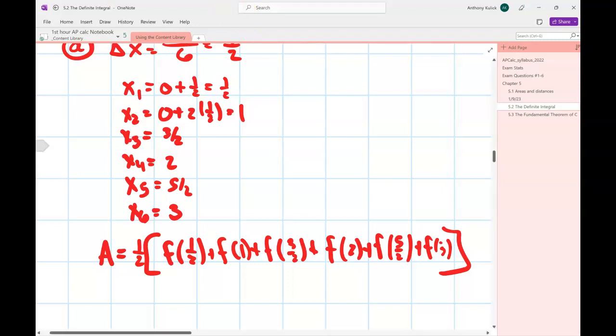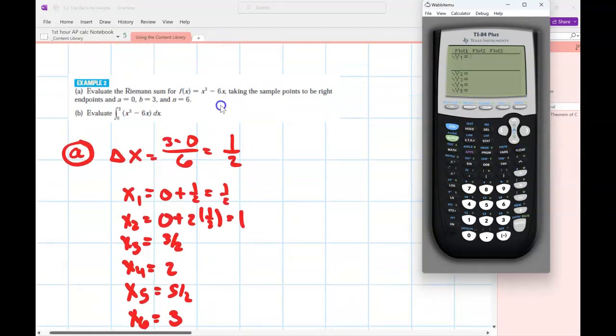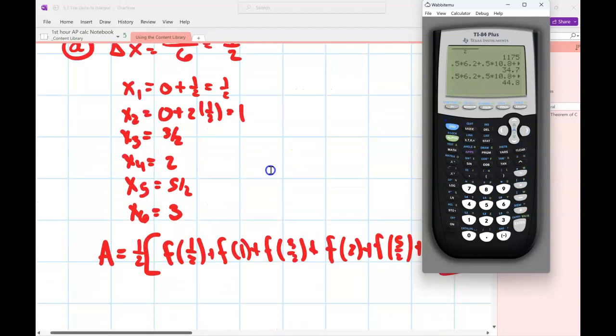And then I would say I would just go calculator time. So the function we were looking at was x cubed minus 6. So I'm going to be using the y equals on my calculator to make the evaluation of this go a little bit easier. So 1/2 times, then I'm going to do vars, y vars, function y1 of 0.5 plus vars, y vars, function.